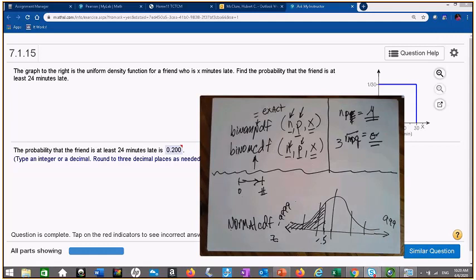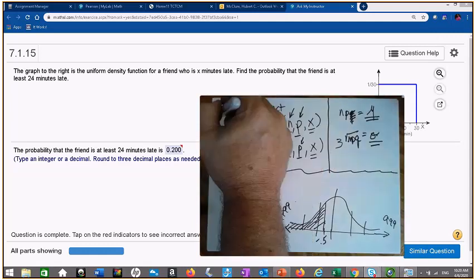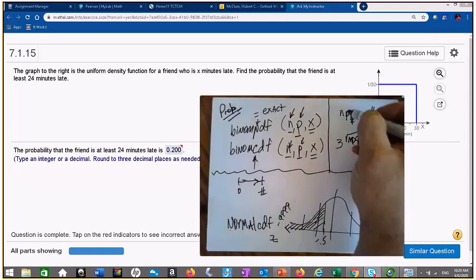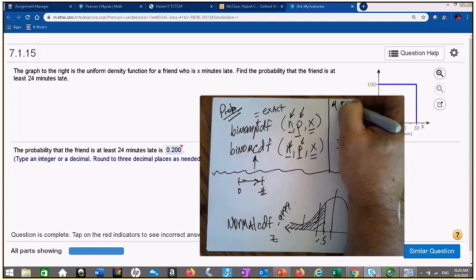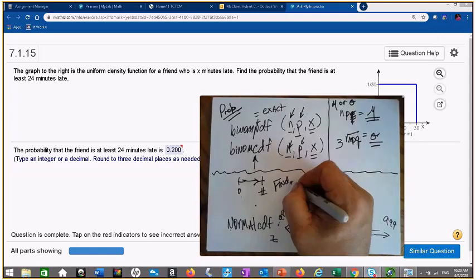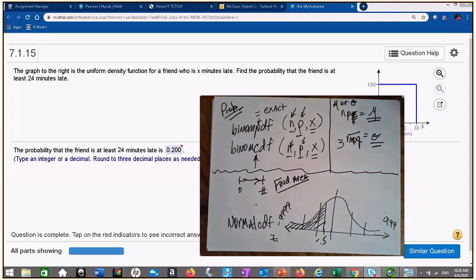So, you know, the directions here will say, find the probability. The directions here will say, find the mean or the standard deviation. And these right here will say, find the area under the curve at the z-score. So your directions will tell you what to do in chapter 7 or 6.